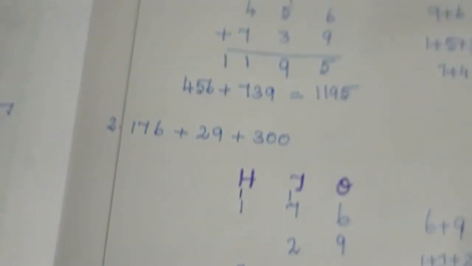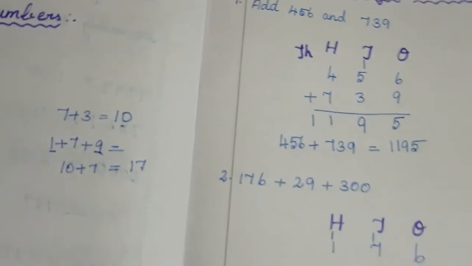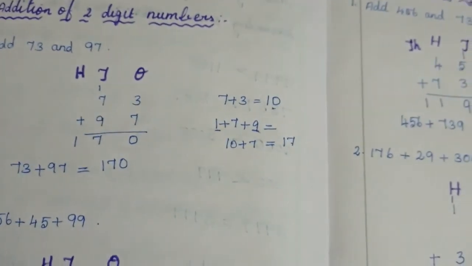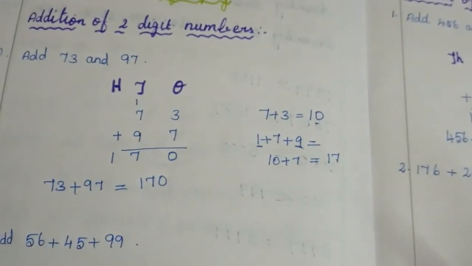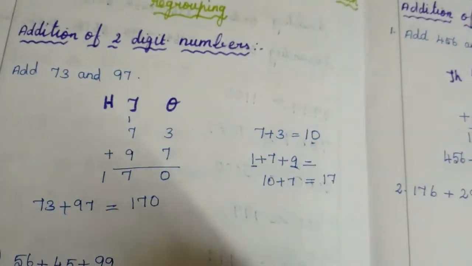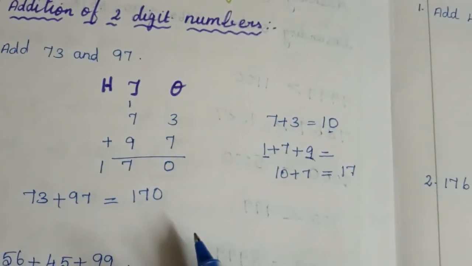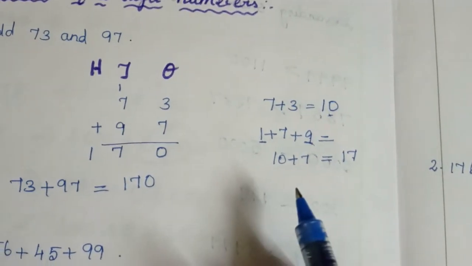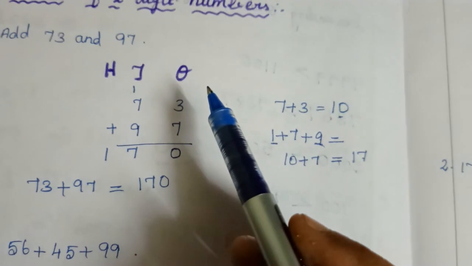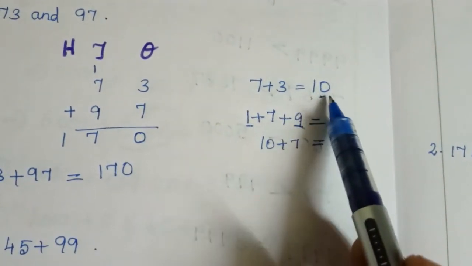Okay children, in today's class we learned the addition of 2-digit and 3-digit numbers with regrouping. What is the first step? Yes, write the numbers one below the other as per their place values. Then the next step, yes, add the digits in the ones place. That means 7 plus 3 is 10.